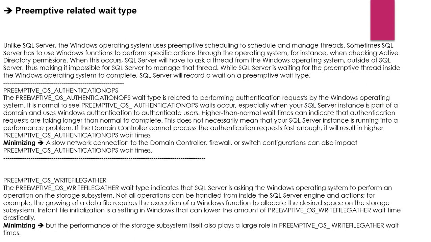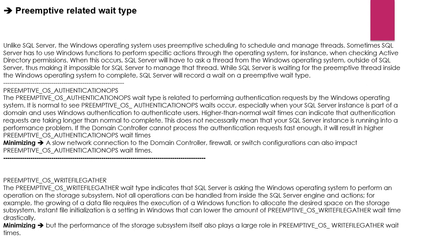Higher than normal waits can indicate that authentication requests are taking abnormally long to complete. This does not necessarily mean that our SQL Server instance is running into a performance problem. If the domain controller cannot process the authentication request fast enough, it will result in a higher PREEMPTIVE_OS_AUTHENTICATIONOPS wait time.